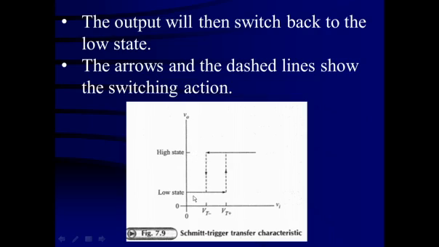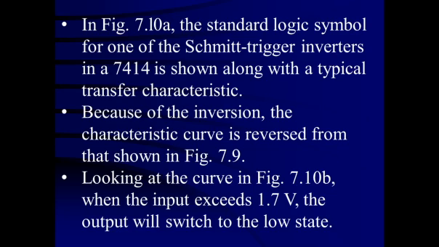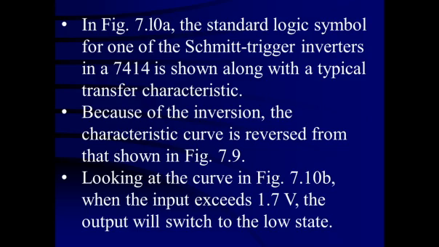That means initially when the input is low, the output will be high. That we are going to see in figure 7.10. Here the circuit is designed in such a way that normally the input is low, so the output is high in the 7414 inverter with Schmitt trigger.